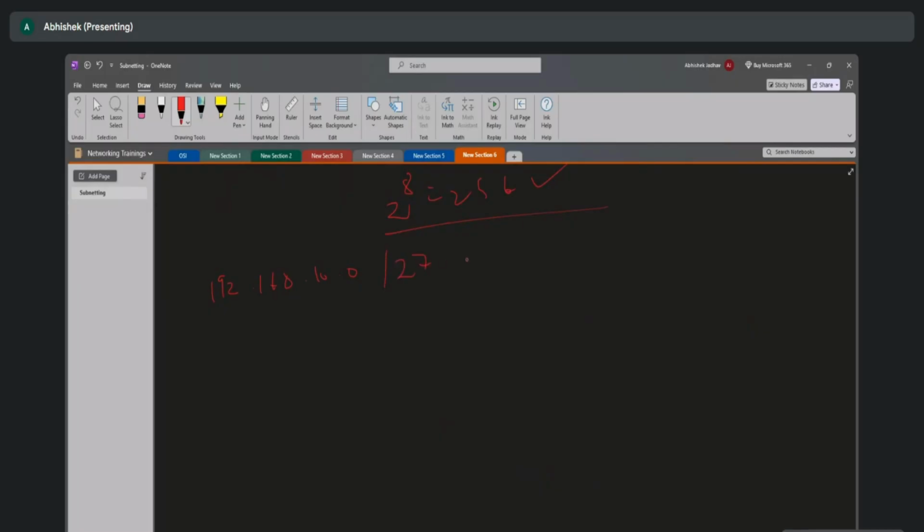192.168.10.0/27 is our question. They are asking what is the broadcast IP, what is the end IP, and what is the network IP, which obviously they gave in the question, so not a problem.